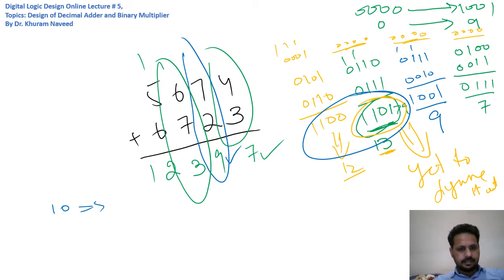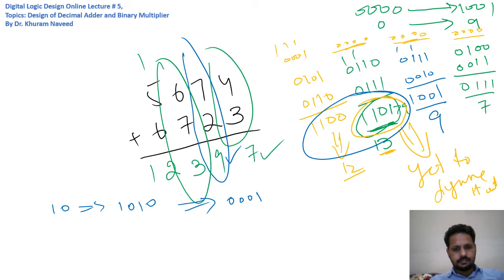In binary, 10 has a code 1010, while in BCD 10 is written using two BCD codes because it has two digits.